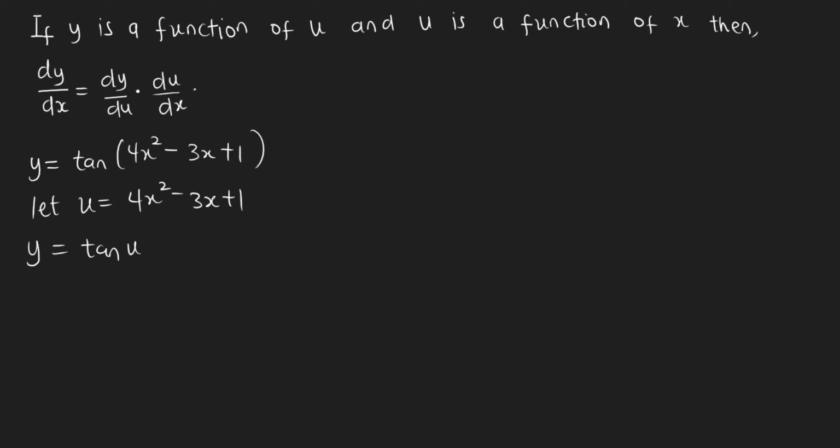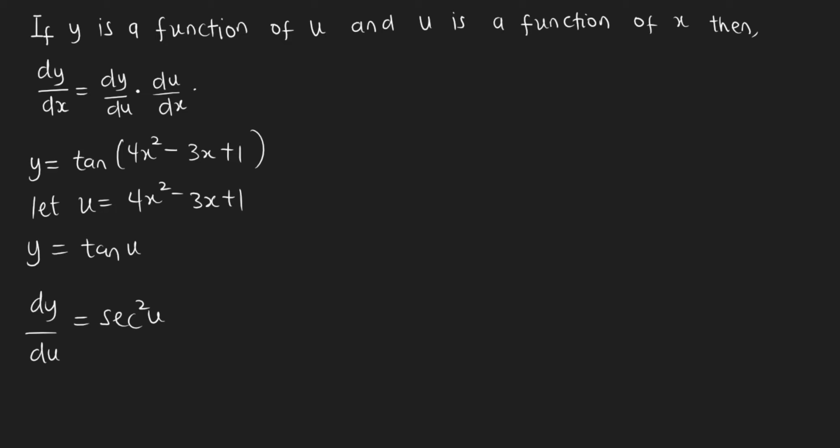So now we know y expressed in terms of u and then u expressed in terms of what? x. So let's differentiate these two functions. So dy/du will be equal to sec squared u, because the derivative of tan is what? Sec squared. So if y equals tan u, then dy/du will be sec squared u.